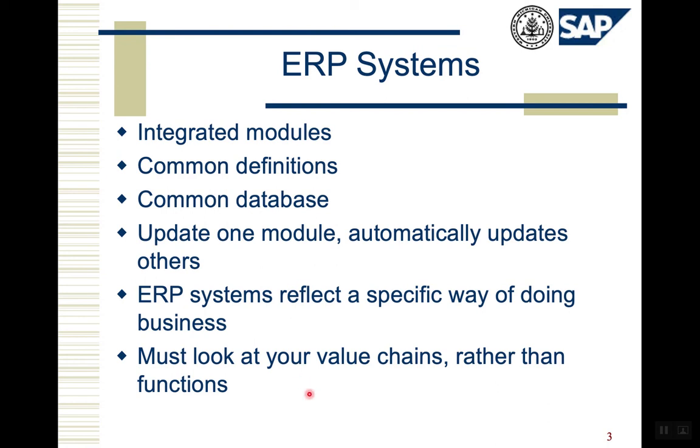Rather than looking at the functions, look at something we call the value chain. The value chain was developed by a gentleman like Michael Porter back in the 80s. His observation is that if you look at any organization, there's a core set of activities that take place, which he calls the value chain.